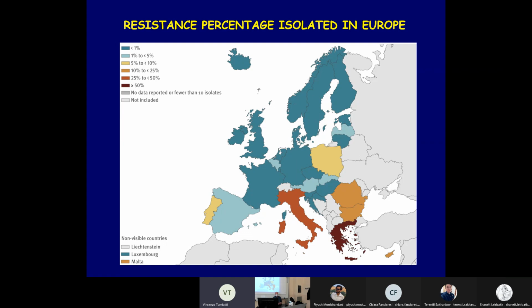So we have to use antibiotics, but very carefully. It's a potent weapon in our hand, but we have to use it very carefully to avoid the formation of resistant strains.